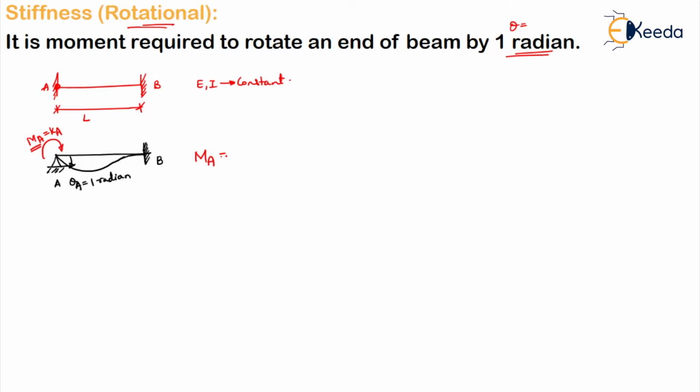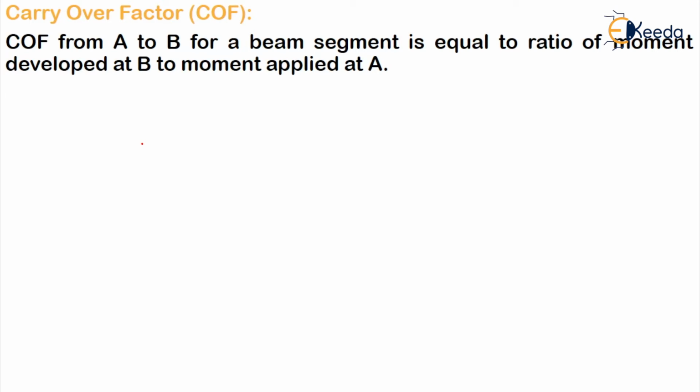Your MA will be equal to the rotational stiffness at A, right? So wherever we want the rotational stiffness, we have to apply a unit rotation there and try to find what is the moment developed. Whatever is the moment developed, that will be the stiffness or the rotational stiffness. Understood?